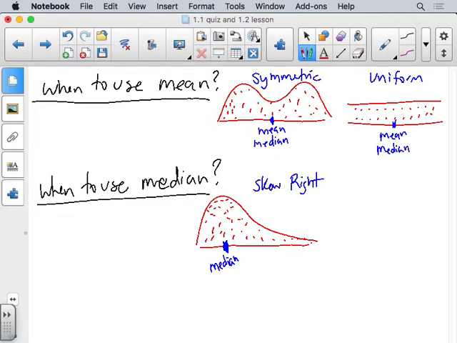So this is skewed right. When I add in his billion to my little peon number, my average goes way up. So what happens when I skew data is the mean gets pulled to those outliers.